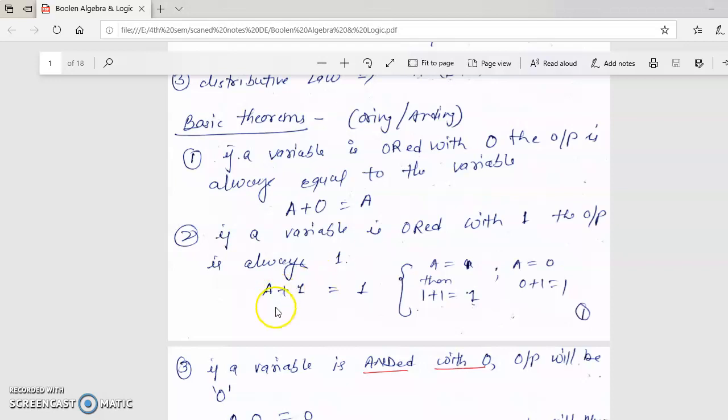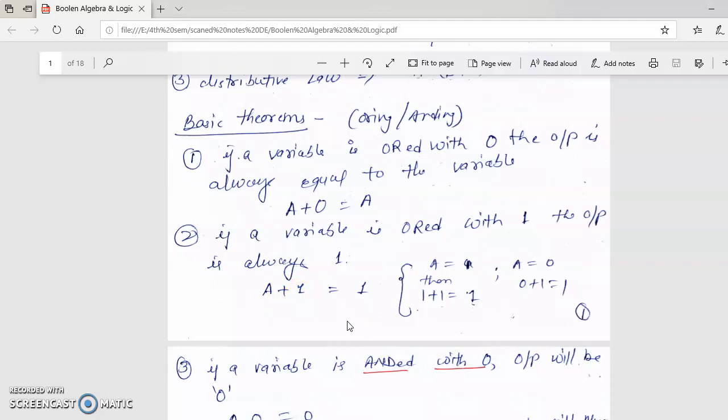How? Let's see. A plus 1 equal to 1. Let's consider A equal to 0. If A equal to 0, then 0 plus 1 is equal to 1. And the next case, if A equal to 1, then 1 plus 1 is also 1.